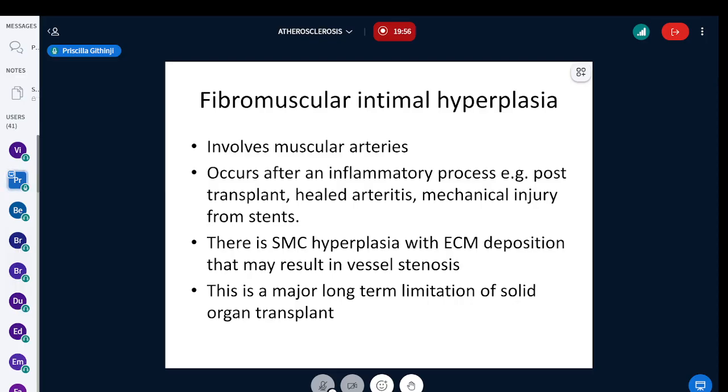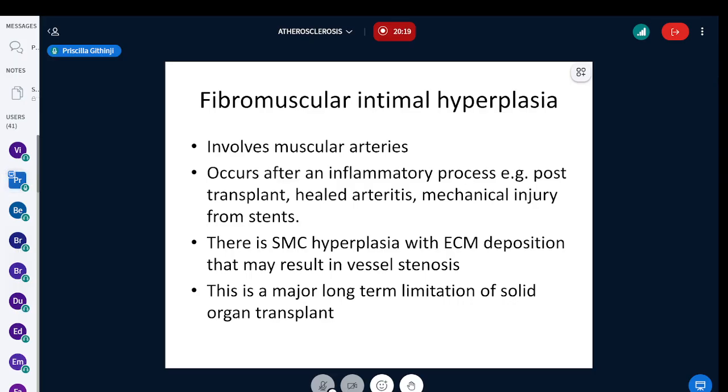The side effect of that is an inflammatory process that can then result in fibromuscular intimal hyperplasia. As the name suggests, there is smooth muscle hyperplasia with extracellular matrix deposition that may result in vessel stenosis. This disease is actually one of the major long-term limitations of solid organ transplants.